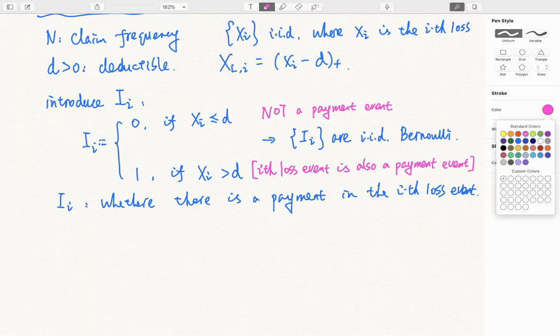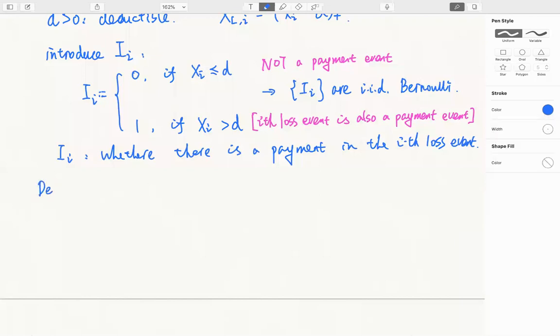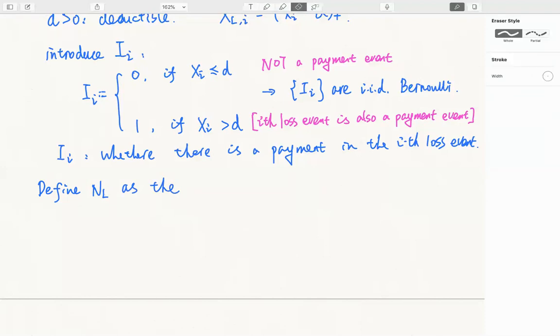Okay, so now what do I want? Let's define or denote N_D, using the same notation as the textbook.